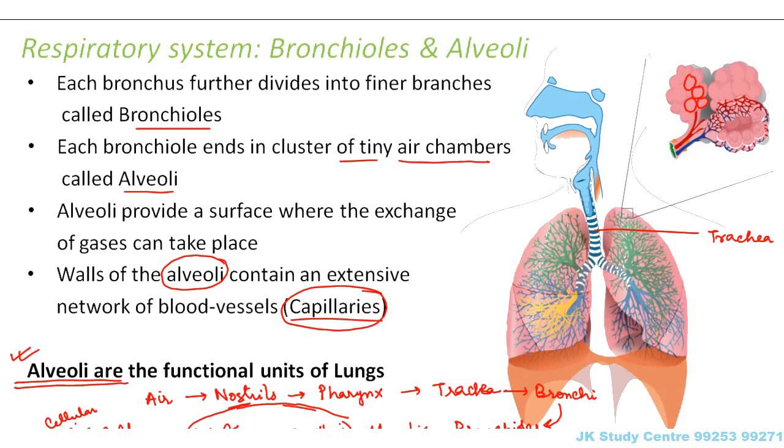The cells will release that carbon dioxide into the blood vessels. These capillaries will again bring it back to the alveoli. From alveoli it will come to the bronchioles, bronchi, and then through the same pathway carbon dioxide will be given out. So now you understand how oxygen is taken in and how carbon dioxide is given out.